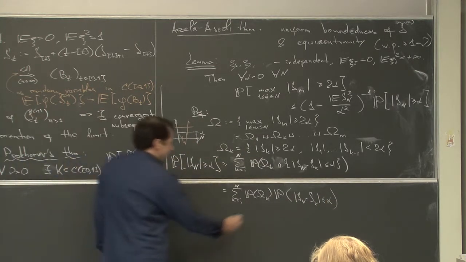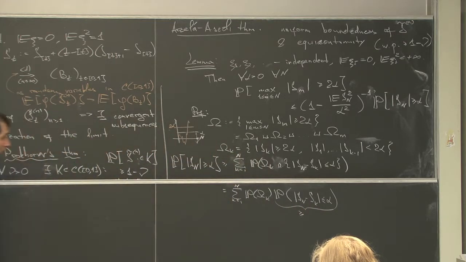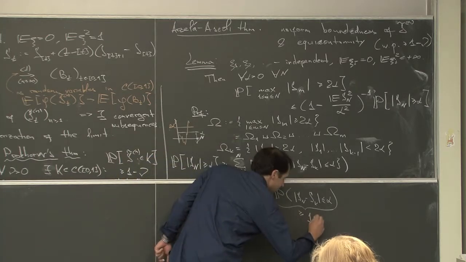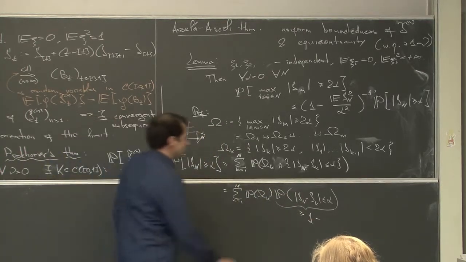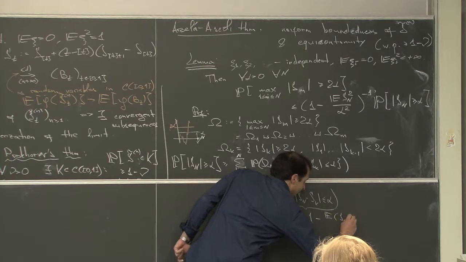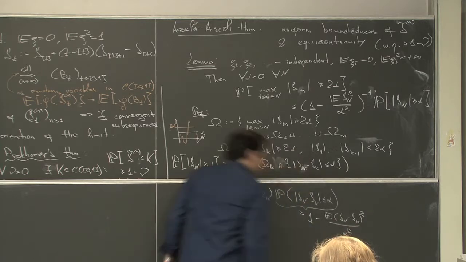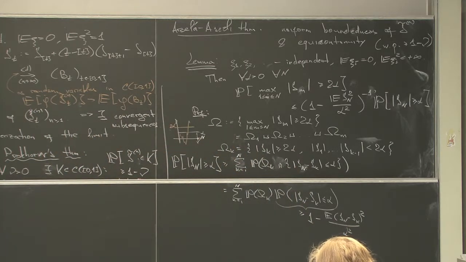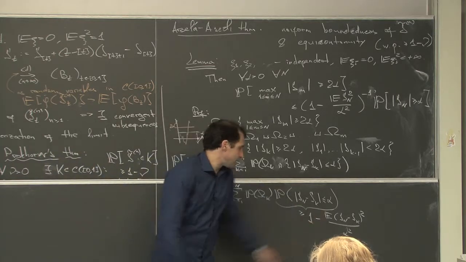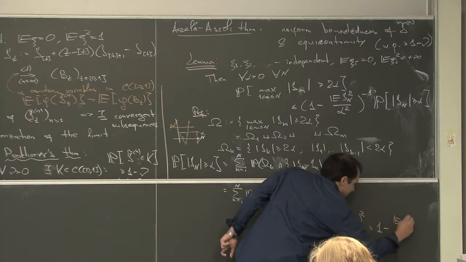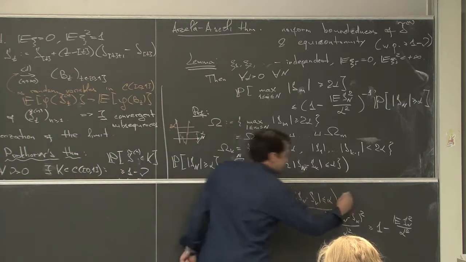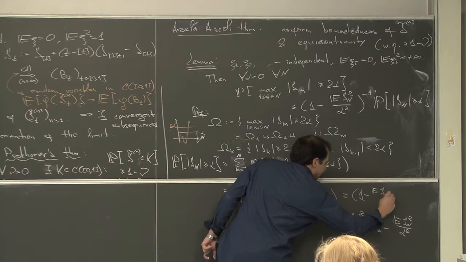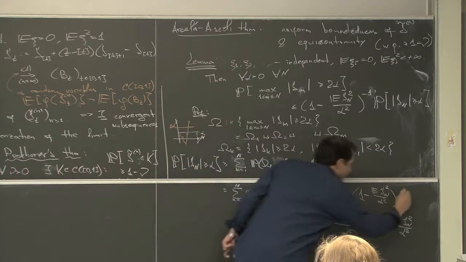And this probability can be estimated from below, like 1 minus the probability of the bad event, that this is big, estimated from above, which gives this bound. So what I claim is that we are done, because I can continue and say this is greater than this expectation. Okay, and then what I have is exactly what I need. P of omega.